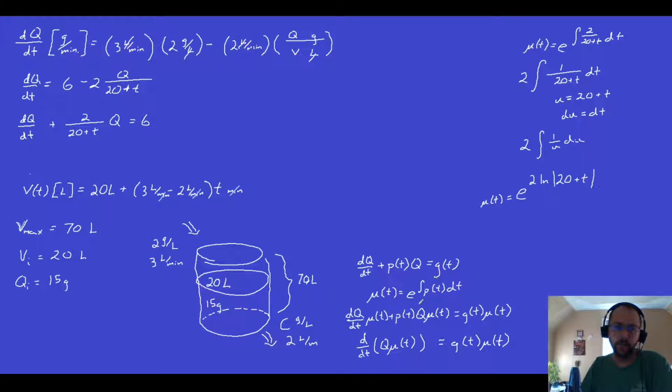I already wrote down here what we're going to do. So let me just rewrite p of t equals 2 over 20 plus t. G of t equals 6. Now I should be able to get rid of all of this.